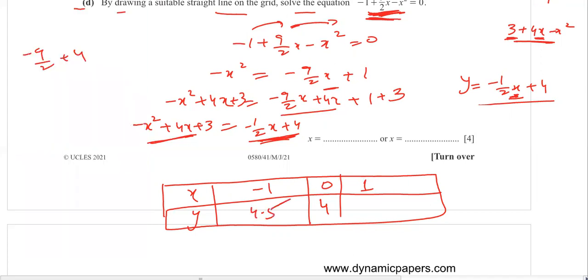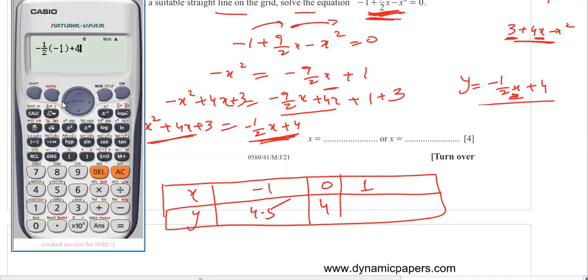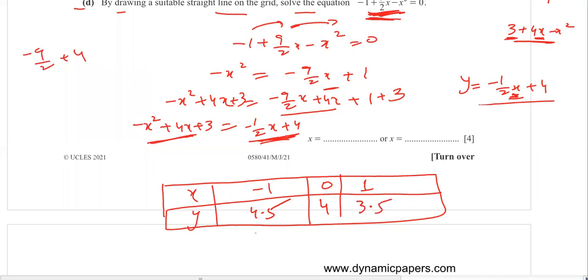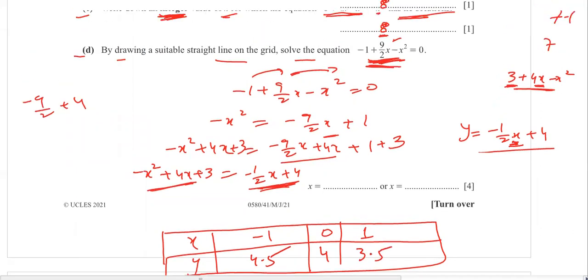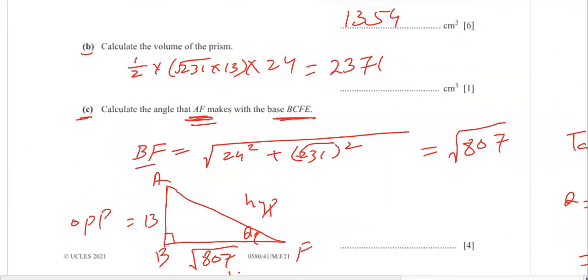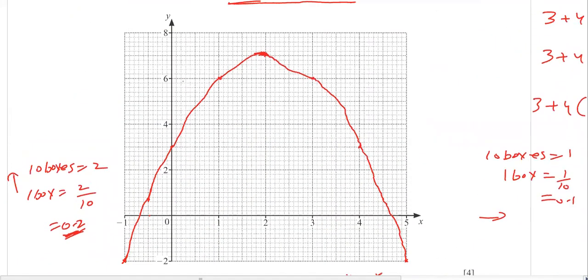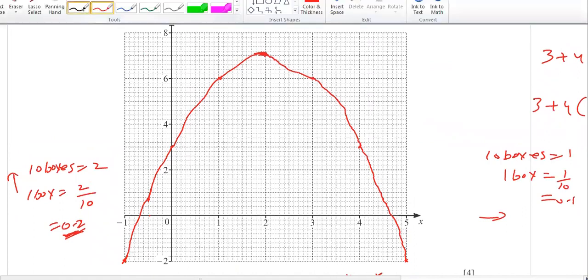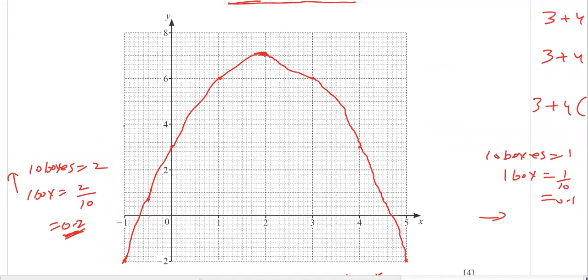And if I put 1, so what will I get? Putting x equal to 1, I'll get 3.5. So just draw these points on this graph. With minus 1, it is 4.5, so 4.5 will be this one.